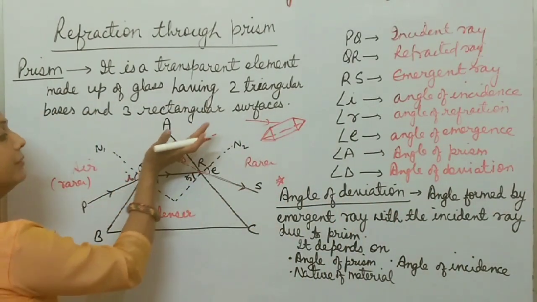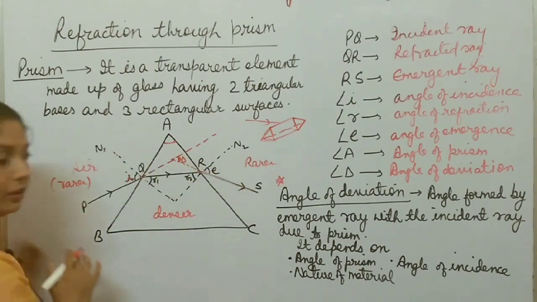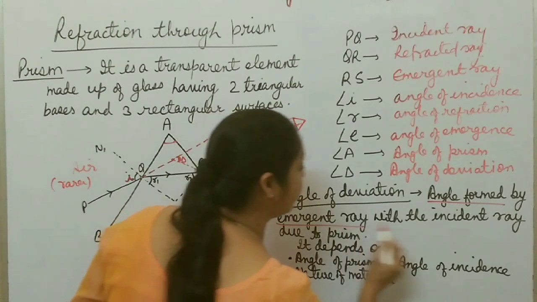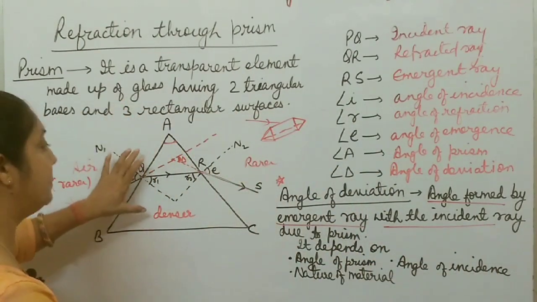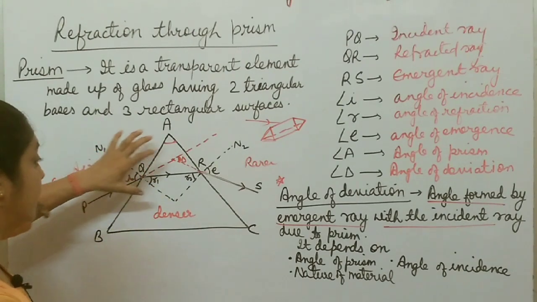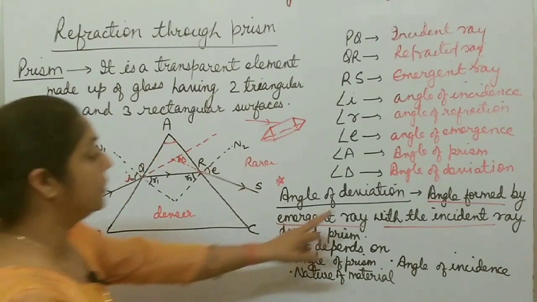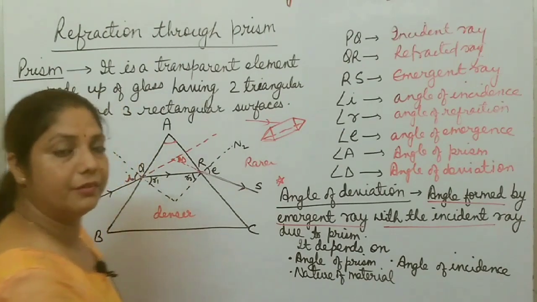So the angle between the incident ray and the final emergent ray is called the angle of deviation. You can write it this way: the angle formed by the emergent ray with the incident ray due to this prism only. If there is no prism, then there is no deviation of light. This angle of deviation is only due to this prism. So the angle between the emergent ray and the incident ray due to the prism is called the angle of deviation.